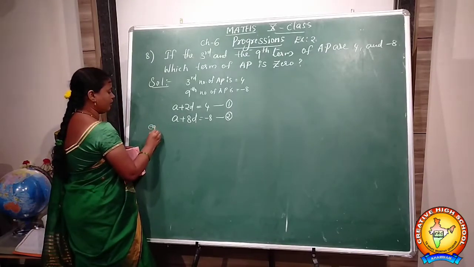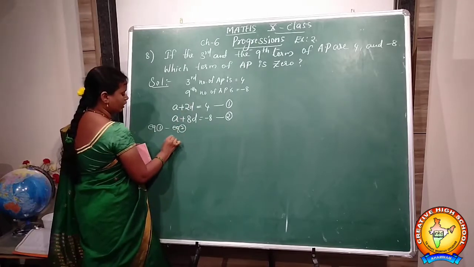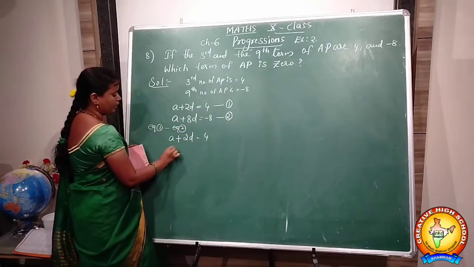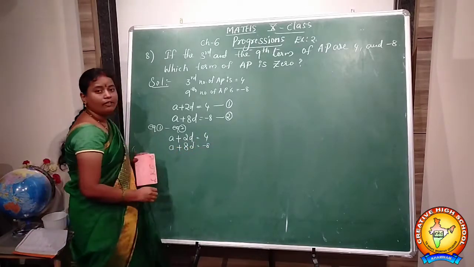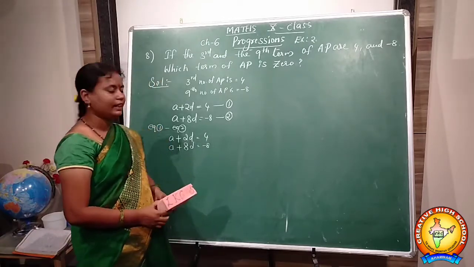Equation 1 minus equation 2. So what will it become? A plus 2D is equal to 4, A plus 8D is equal to minus 8. When we are doing the subtraction, we have to change the signs of the second equation.